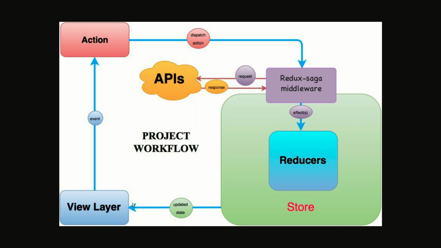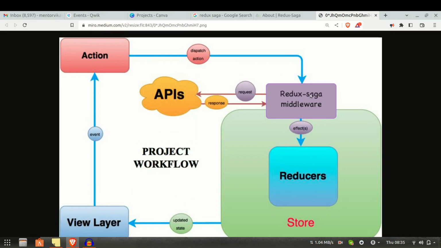All of the asynchronous functions and API requests that I was doing earlier in my view layer are now shifted to this part. Now I can do all my asynchronous tasks directly in my middleware, directly in Redux. This is how Redux Saga middleware works.